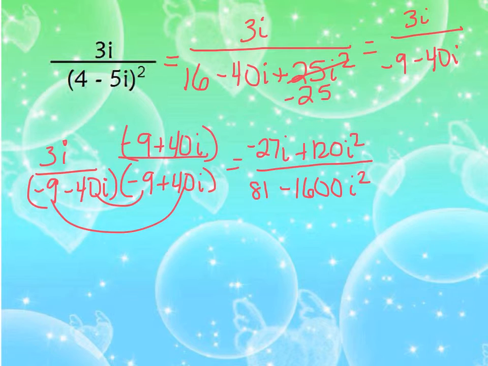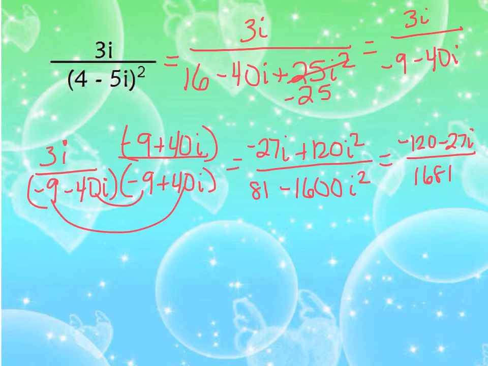All right, let's simplify that mess up. Okay, so on the top, I'm going to write the real part first. So this 120i squared is really a negative 120 minus 27i. And on the bottom, I have an 81, which is really going to turn into a plus 1600 because of the i squared. So it's going to be 1681.